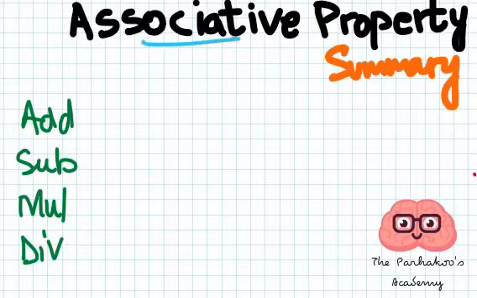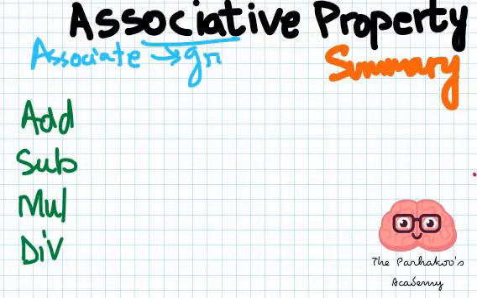The word associative is taken from the word associate, which means group, and this property has to do with grouping. It says that if the way you are grouping elements does not change the result, if you always come up with the same result by doing different types of grouping, then the associative property is valid.